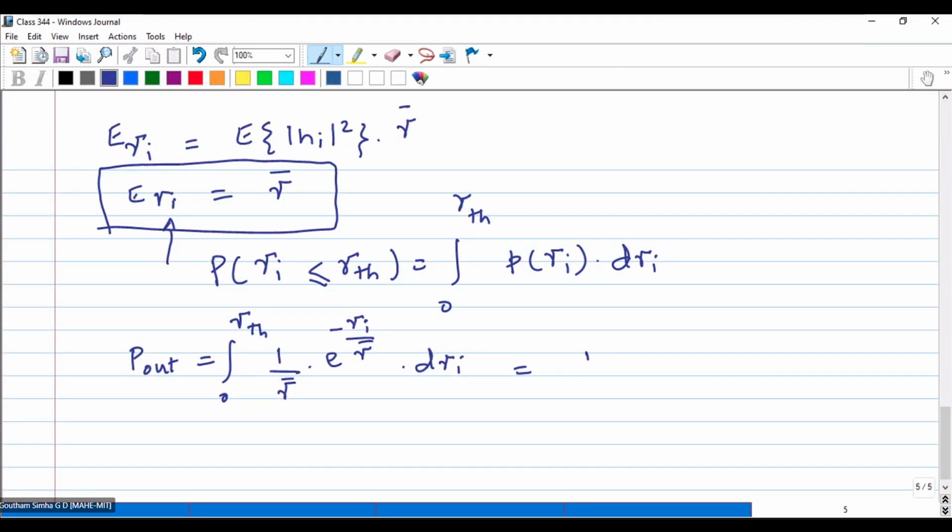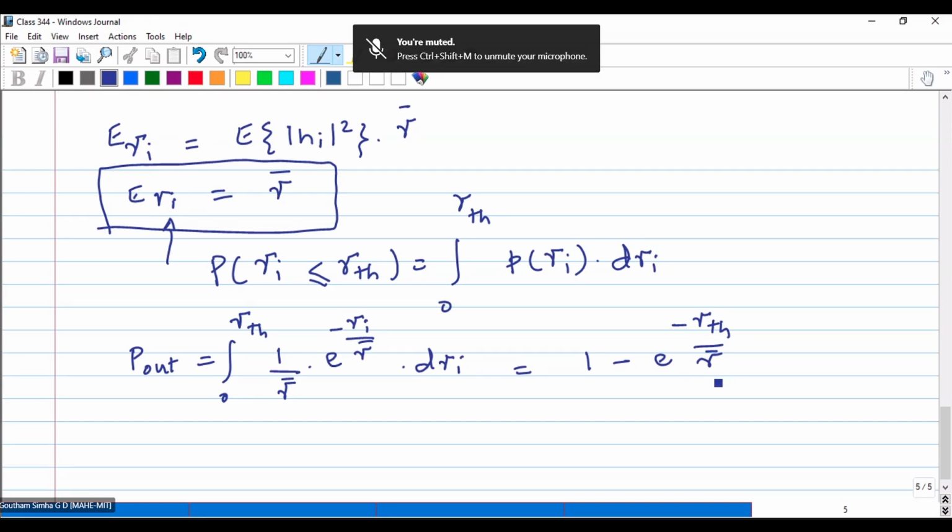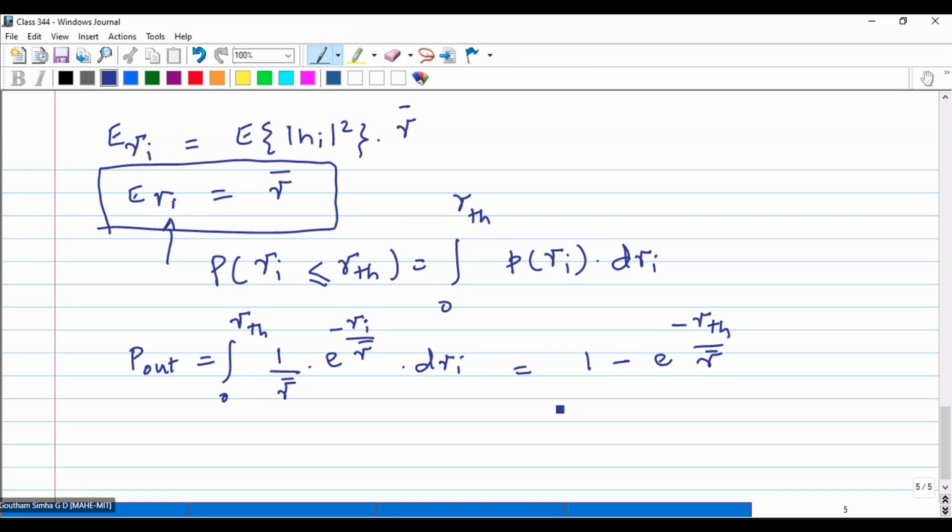Integrate this, you will get 1 minus e to the power of minus gamma threshold divided by gamma bar. Applying the limits, gamma threshold minus 0, you will get 1 minus e to the power of minus gamma threshold divided by gamma bar. So this is the probability that the signal falls below the threshold.